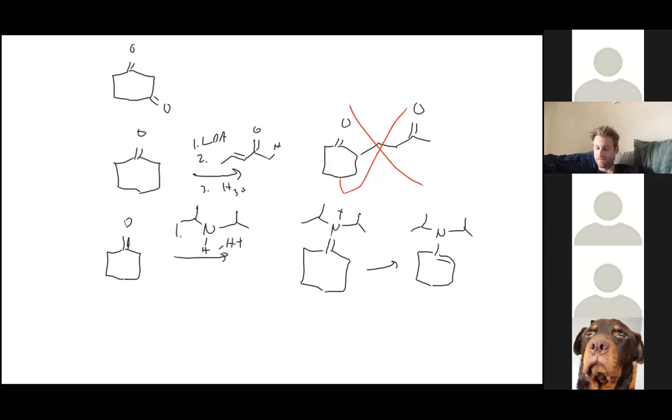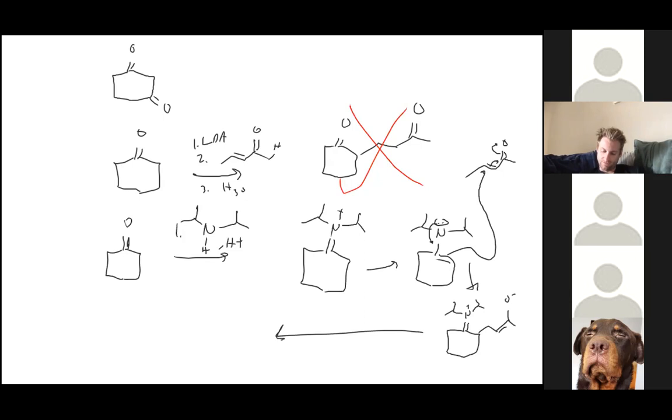Can get us to here, and then from this point, if we throw in our Michael acceptor, followed by H3O plus, we can kill two birds with one stone here.